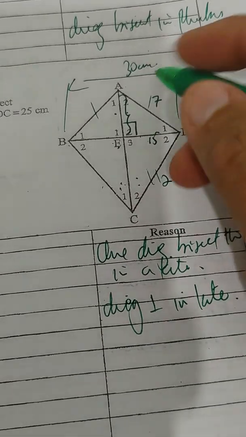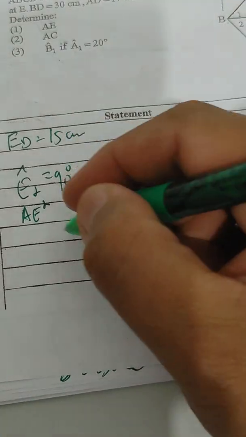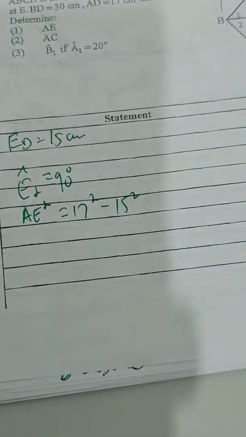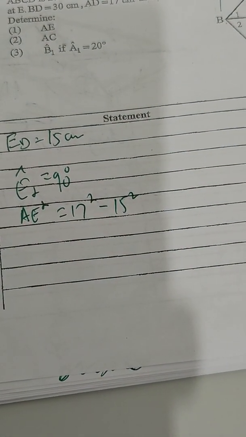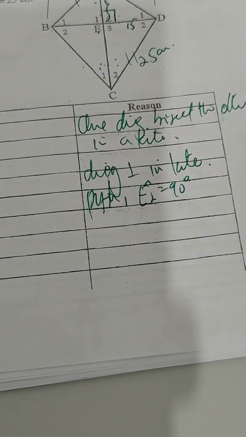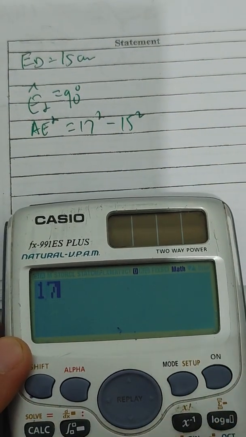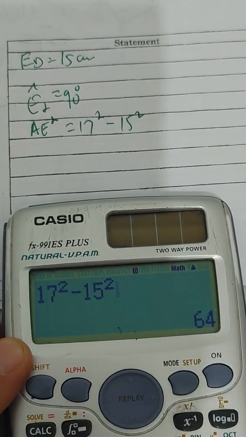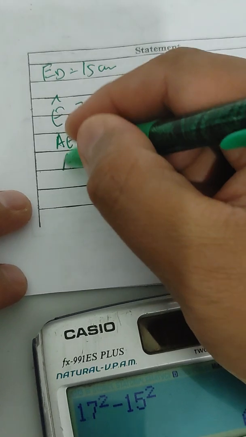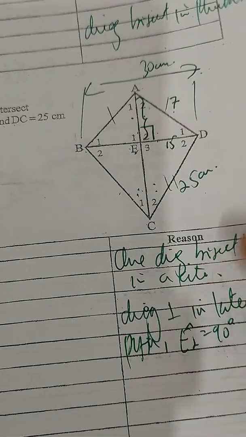So now we can say that AE squared is equal to 17 squared minus 15 squared, and the reason is Pythagoras with angle E2 equals 90 degrees. 17 squared minus 15 squared gives you 64. The root thereof is 8 centimeters. So they have answered the first question, and I'm going to put there 8.